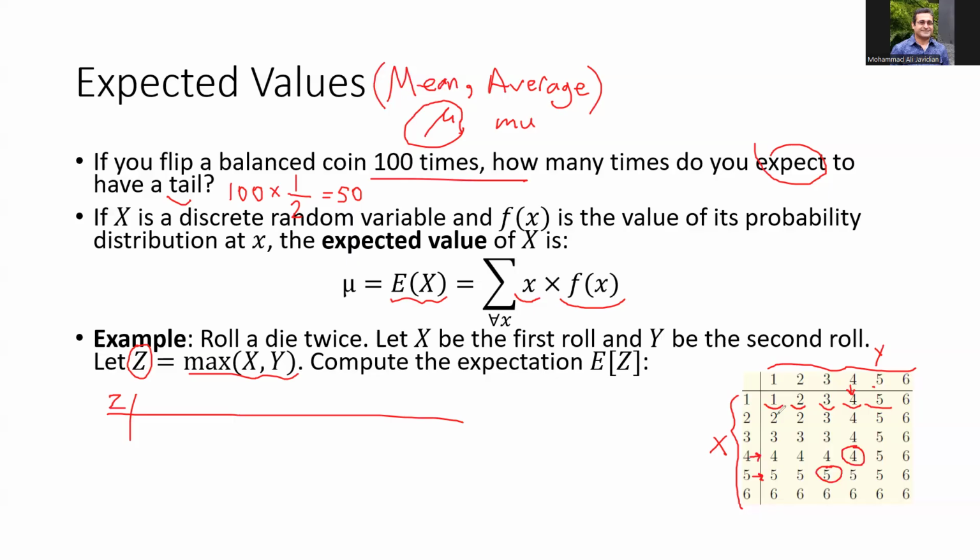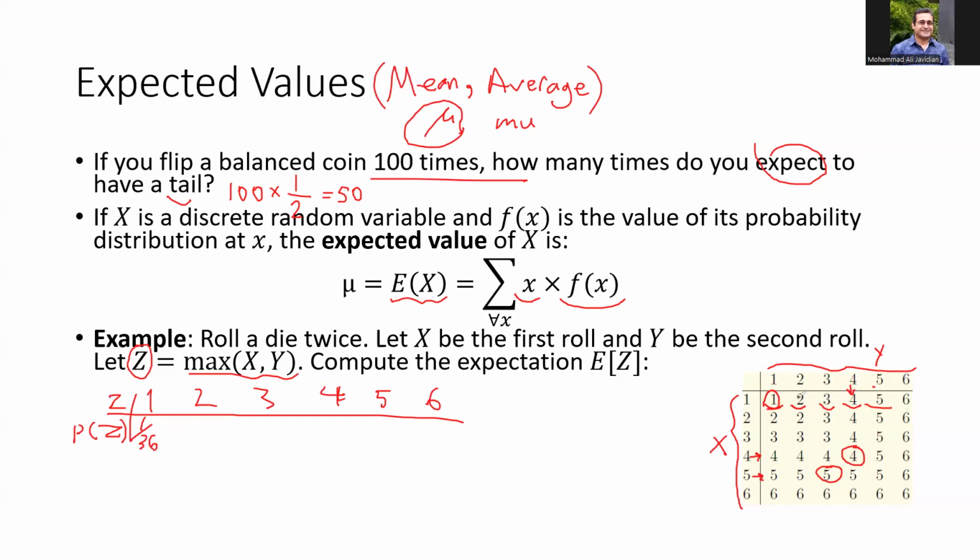You see that the maximum numbers are 1, 2, 3, 4, 5, and 6. What's the probability that the maximum is 1? Only in one case the maximum is 1. So the probability is 1 over 36.